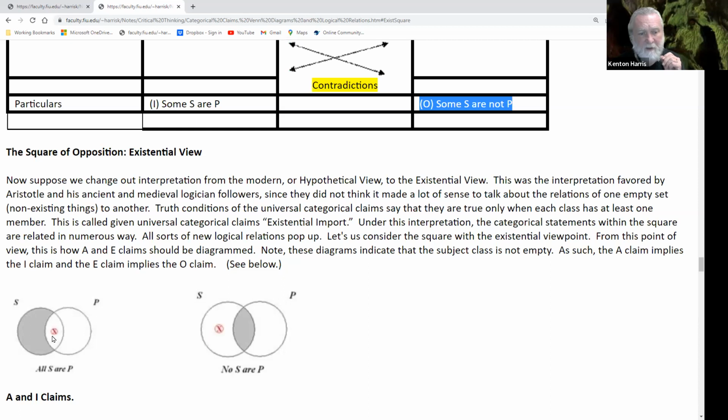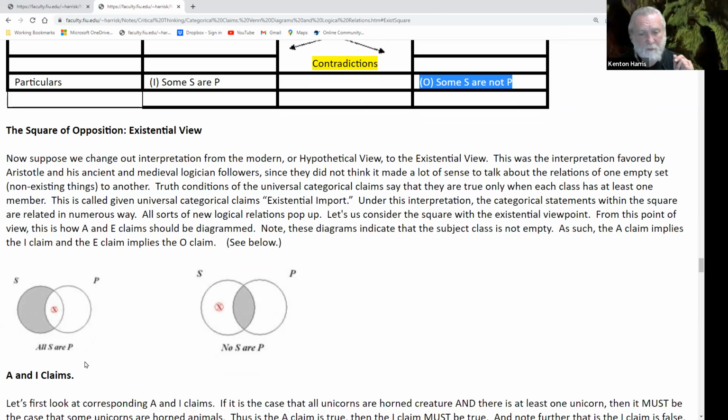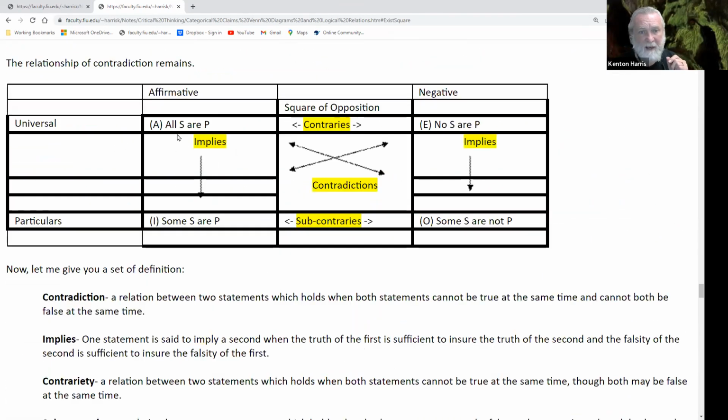The A claim is claiming there's an X in this middle section on this interpretation, right? The existential interpretation. Well, that means if the A claim is true, the I claim must be true, because the A claim is saying everything the I claim says plus, right? There's that X in that middle section. Further, if the I claim is false, then the A claim must be false. If there isn't an X in that little section, then the A claim is false.